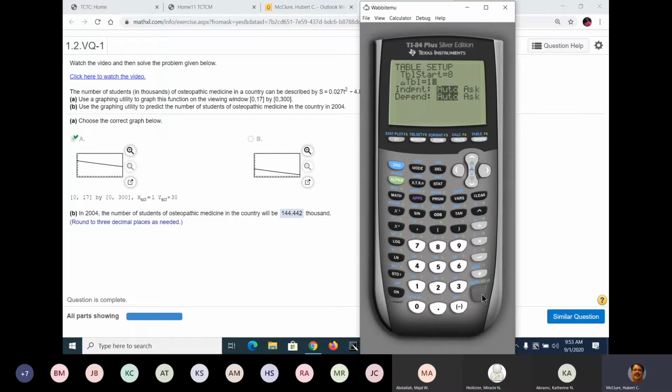You can go to mode and set it to 5 digits, and go to second table. You may have to set it in the table. See, there's 14.442.